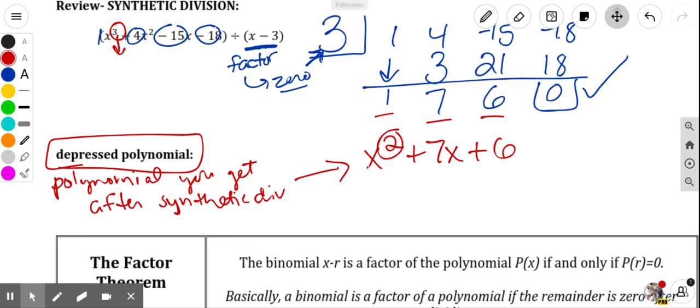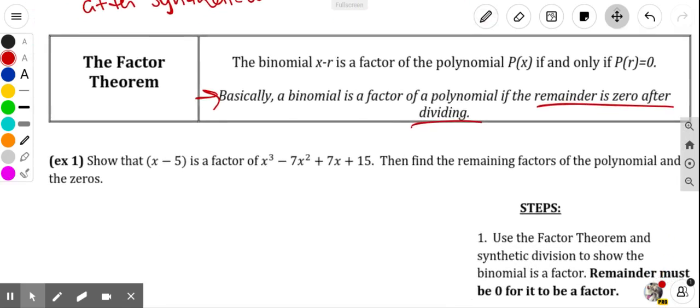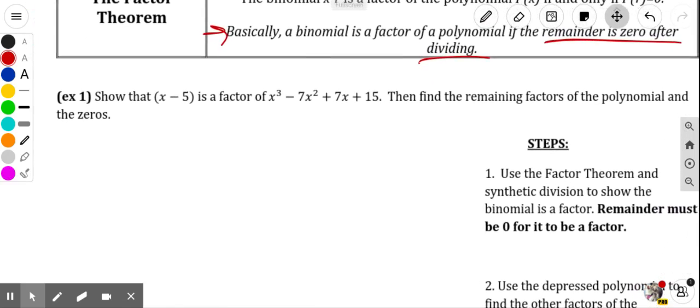So in this section we're going to use the factor theorem: a binomial is considered a factor of a polynomial if the remainder is 0 after dividing. Anytime the remainder is 0, you can take that depressed polynomial and find more factors.